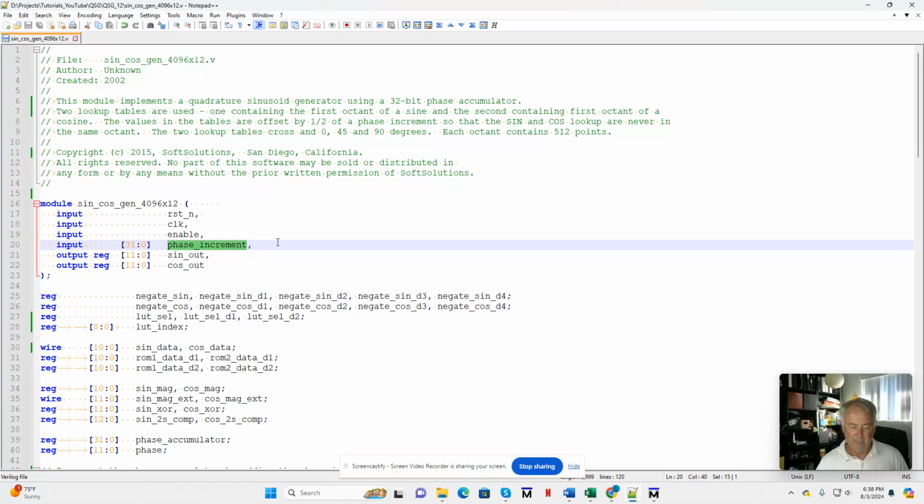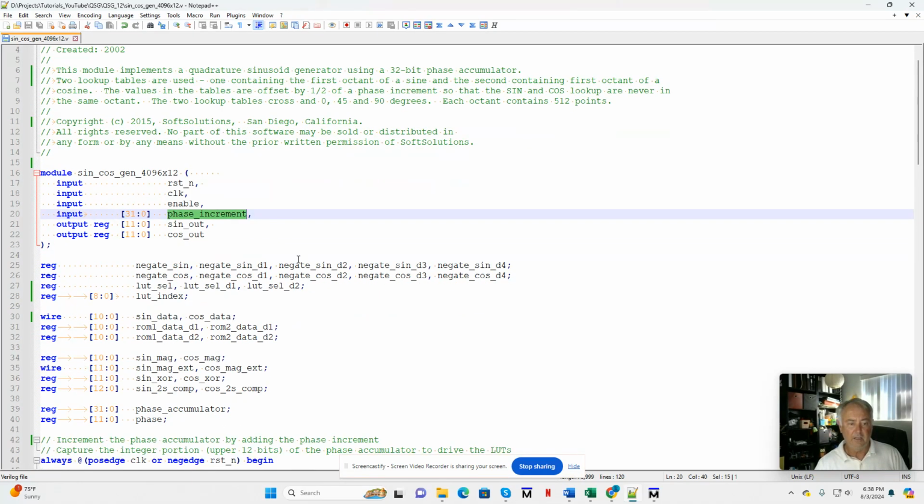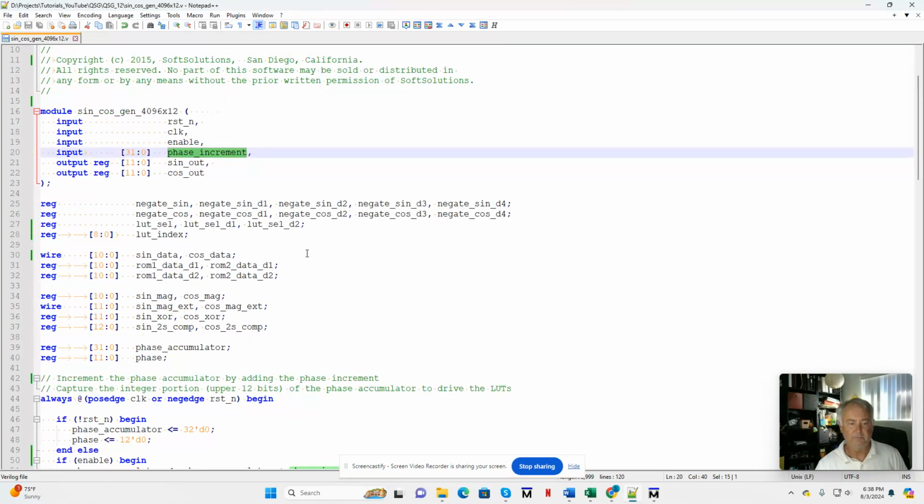This is the 32-bit value that is going to be continuously added to the phase accumulator. We're just going to allow that adder to continually add and overflow and use the upper 12 bits to drive the phase output that will ultimately drive our lookup tables.